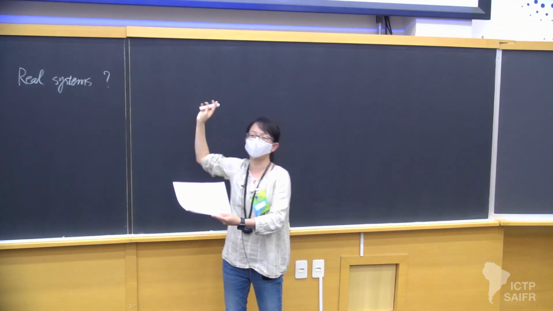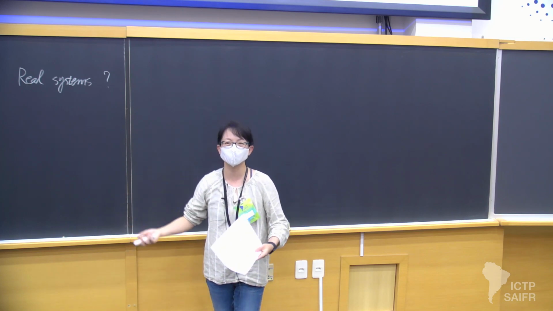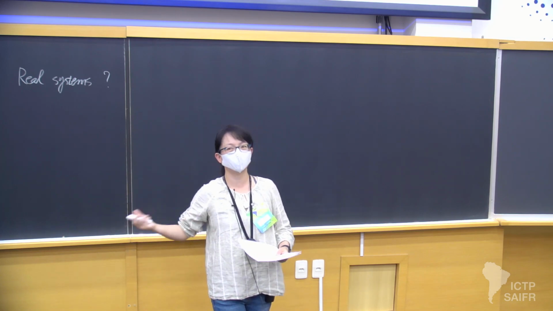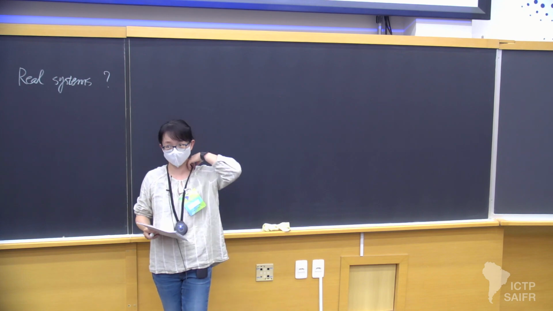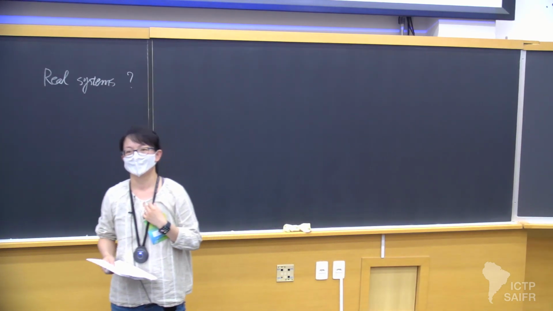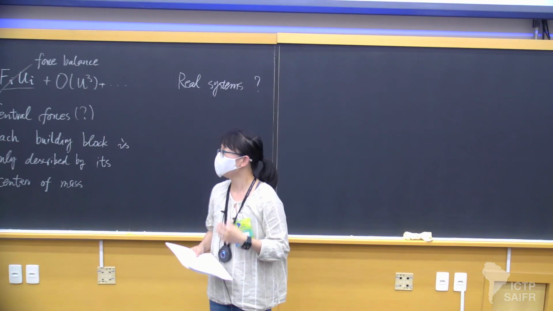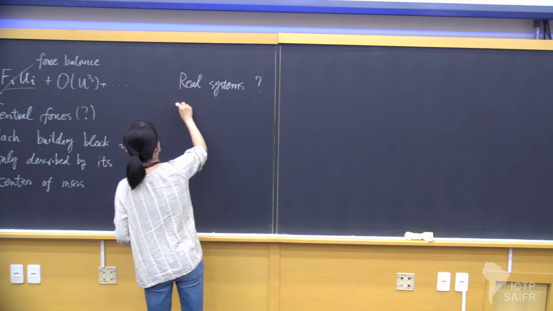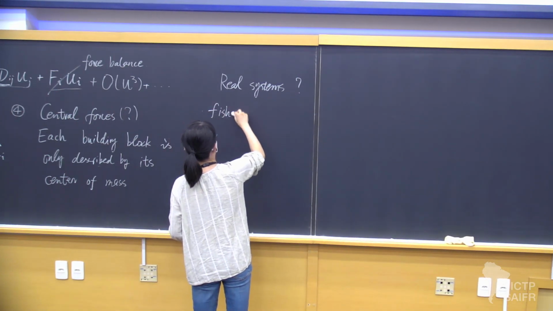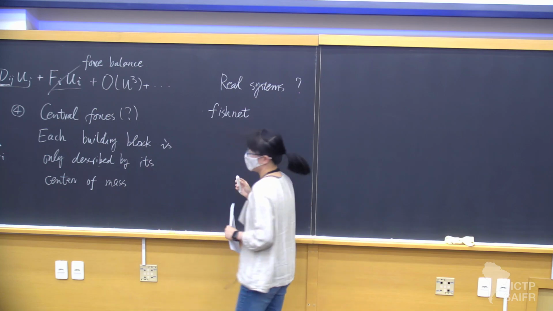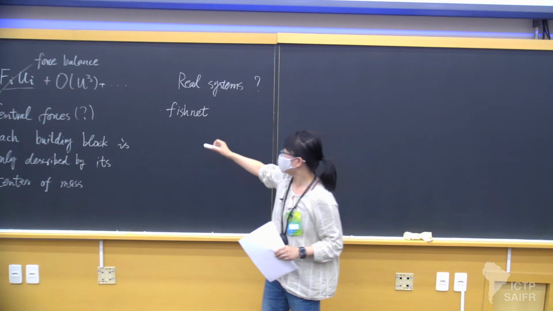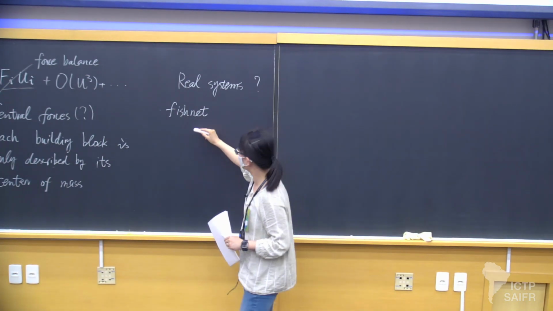That's a very open-ended question, right? Many systems could be described approximately like this. Can you think of some examples? Fishnet. Fishnet, okay, that's an interesting one. So you mean like a woven material?